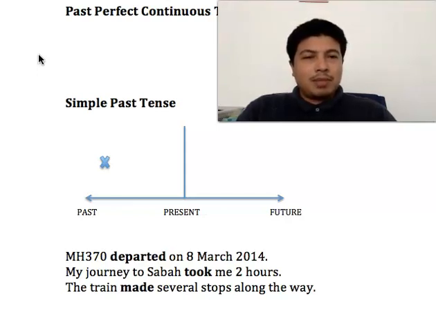With simple past tense, normally you use words like yesterday, 2 days ago, last week, last month, in 2010, in 2008, in 1950. Those are the words that you use with simple past tense because they show that the action happened in the past.